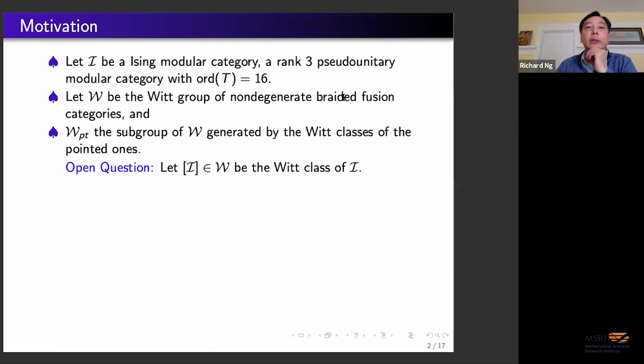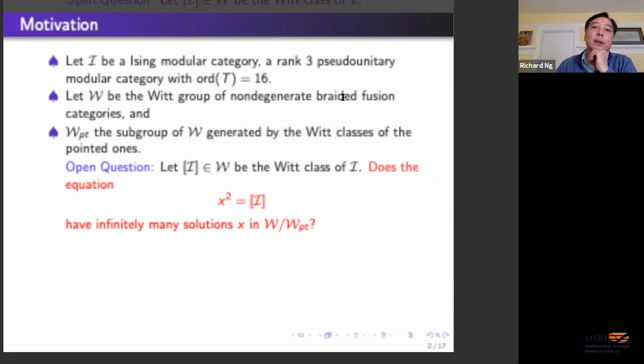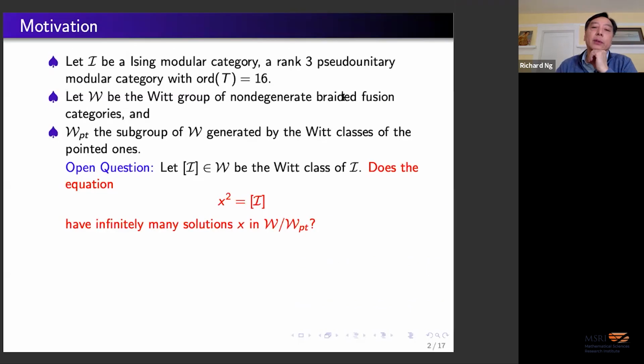Then one of the open questions is that the Ising class in the Witt group has a square root, but how many of them? Does the equation x squared equals I have infinitely many solutions in the Witt group quotient by the pointed? If you include the pointed, you could have infinitely many because you have a lot of order 2 elements in the pointed subgroup.